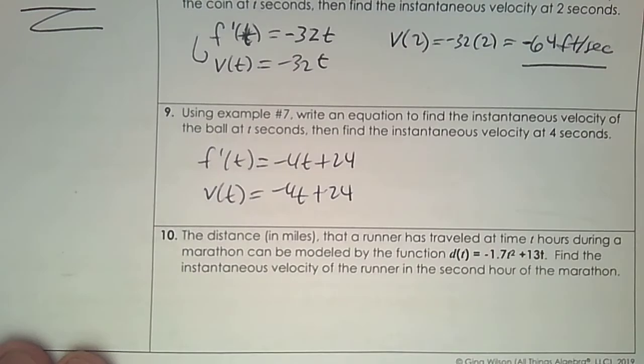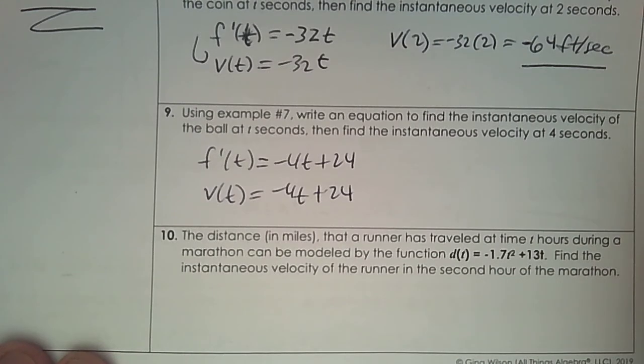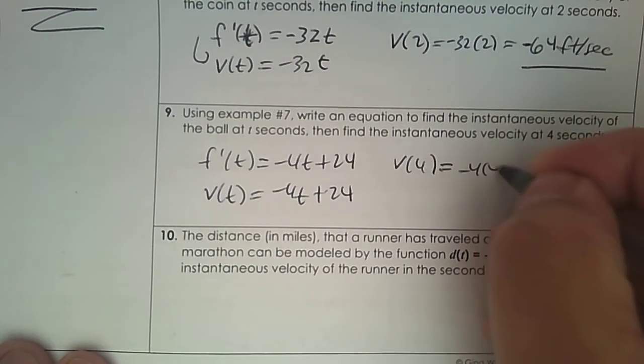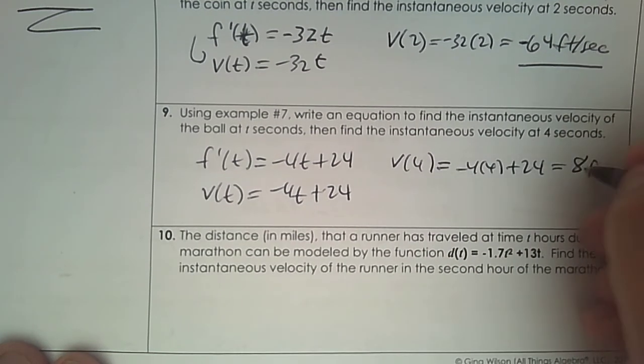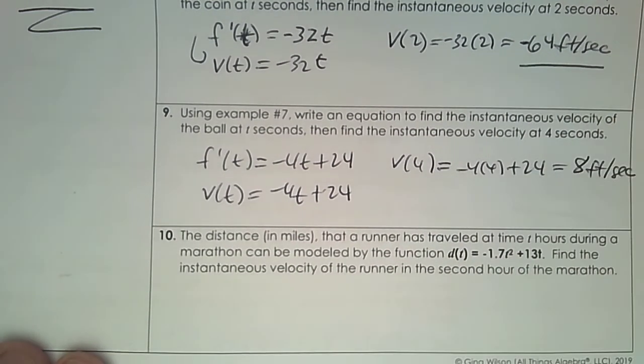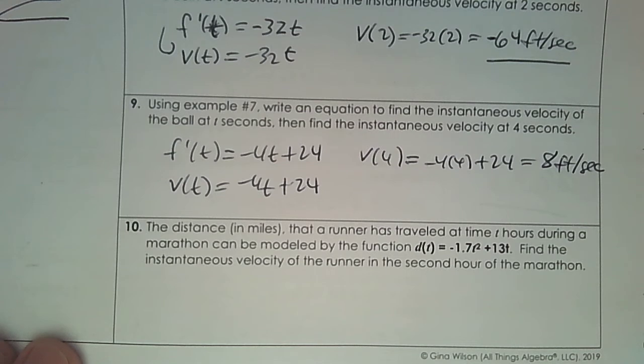That's common. And then what's the velocity at 4 seconds? Well, we plug in 4 and get our answer. So the velocity at 4 seconds is 8 feet per second. So exactly 4 seconds after you hit the golf ball, it's traveling at a rate of 8 feet per second, exactly at 4 seconds. Calculus.